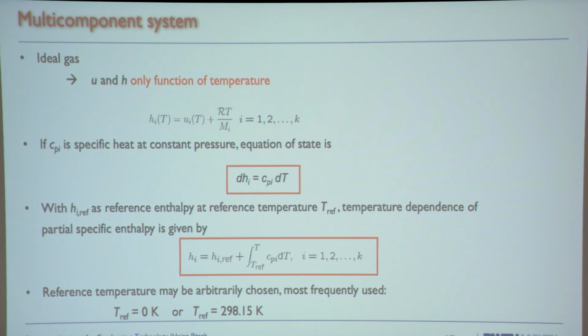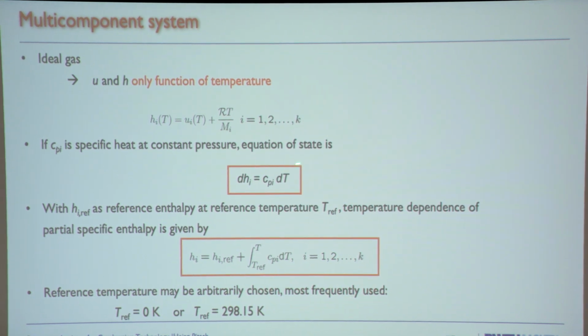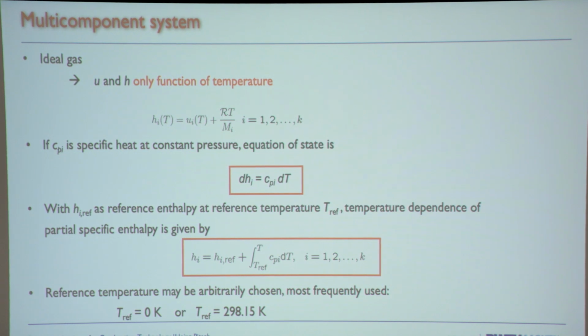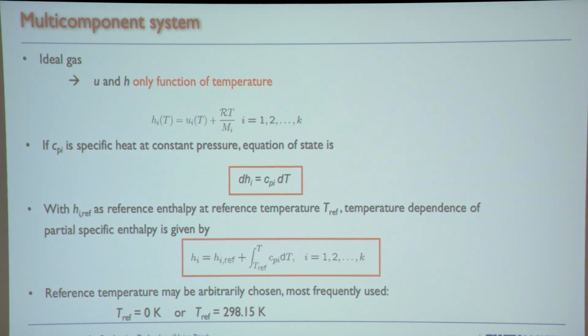That's the definition of specific heat. And then because the enthalpy depends only on temperature, we can say a change in enthalpy is Cp times a change in temperature. So that is the equation of state. And this now I can integrate.